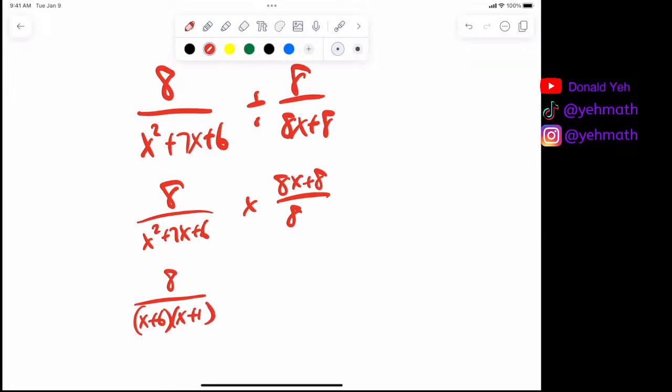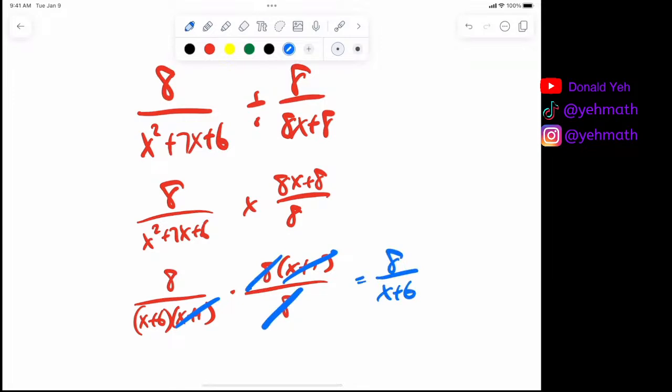When the first coefficient is 1, it should be very intuitive. And what can you factor out of ax plus 8? So, guess what? This part will simplify. The answer is 8 over x plus 6.